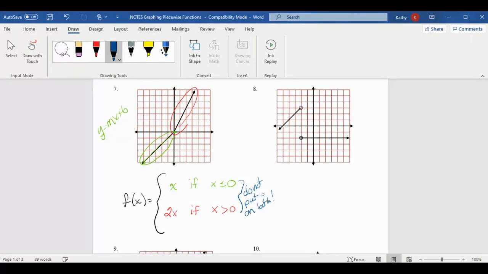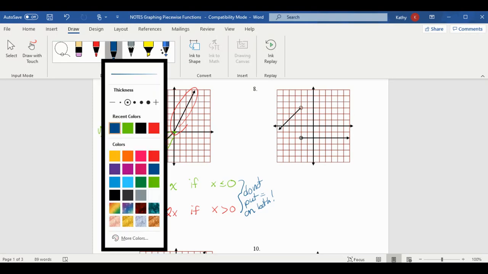If you do, it is not a function. It can only be on one. Okay? All right, the second function, or the second picture, number 8, is also made up of 2 separate pieces. Those 2 separate pieces, we need to create 2 different equations for.